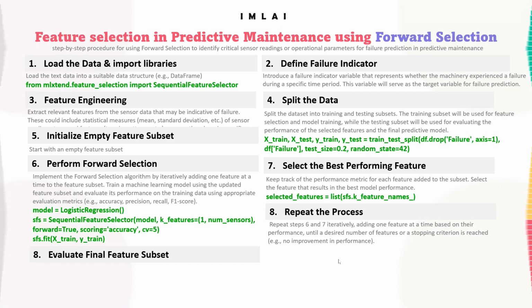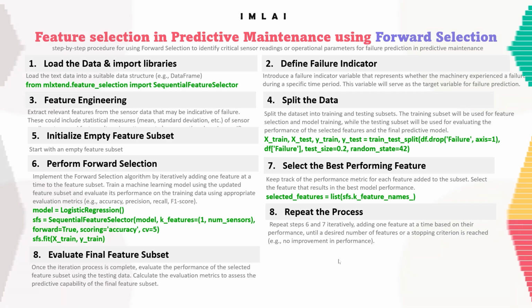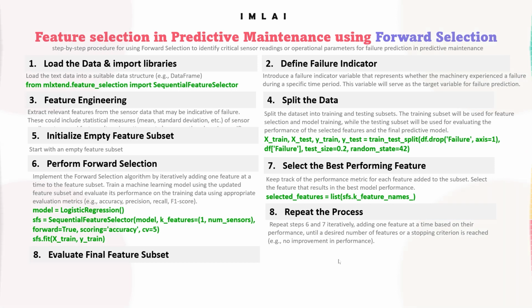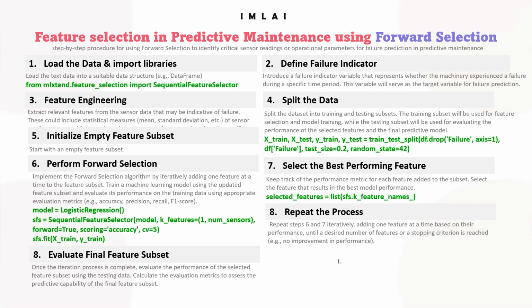So next, evaluate the final feature subset. Once the iteration process is complete, evaluate the performance of the selected feature subset using the testing data. So calculate the evaluation metrics to assess the predictive capability of the final feature subset.